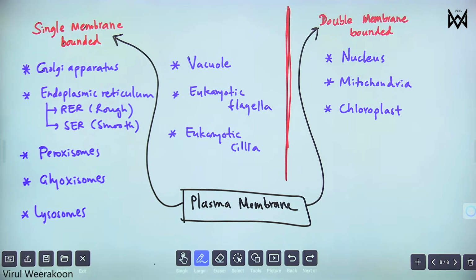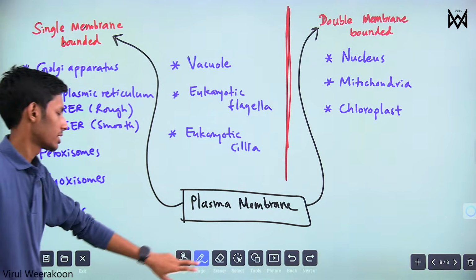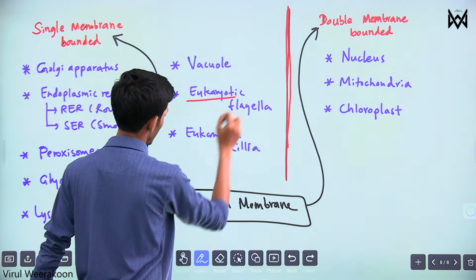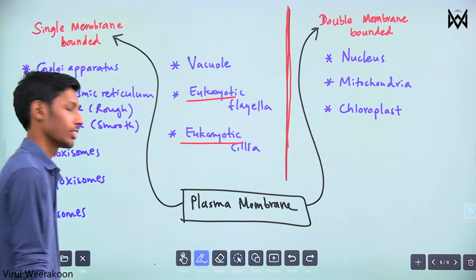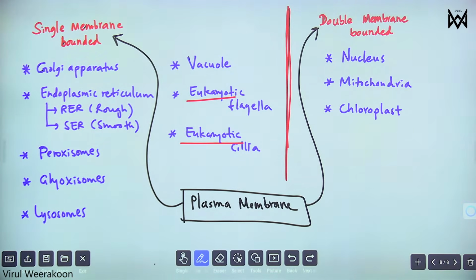The flagella and cilia are also found in prokaryotes too. That's why we specifically mention them as eukaryotic flagella and eukaryotic cilia, because prokaryotes lack organelles. They will have subcellular components. Got it? Done, completed.